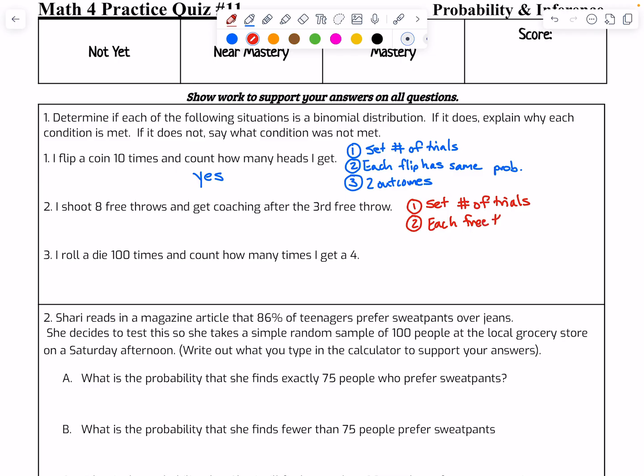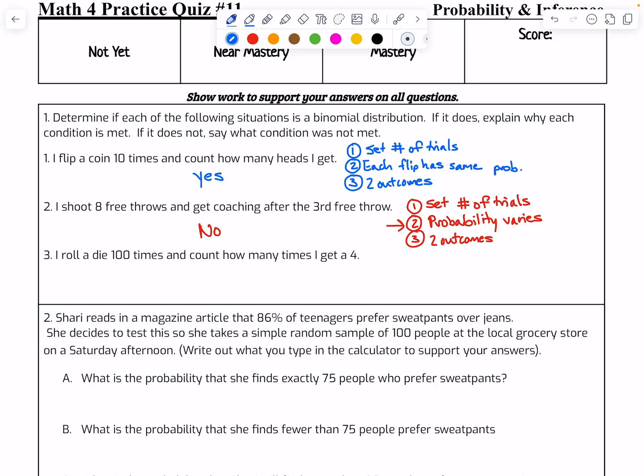Let's just say probability varies because that's a shorter way to say it. So this is a no for that reason. And number 3, there are 2 possible outcomes, so that was fine. You either made it or you missed it. So the only problem was the probability would change on that 3rd free throw where you had coaching, and then every throw after that.